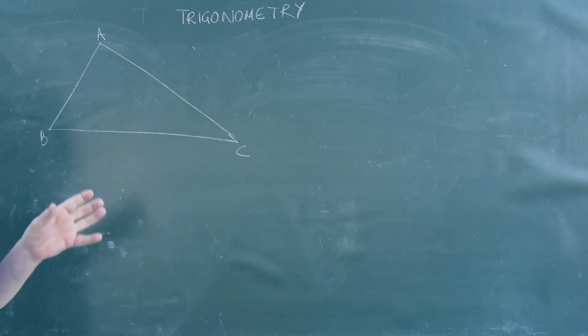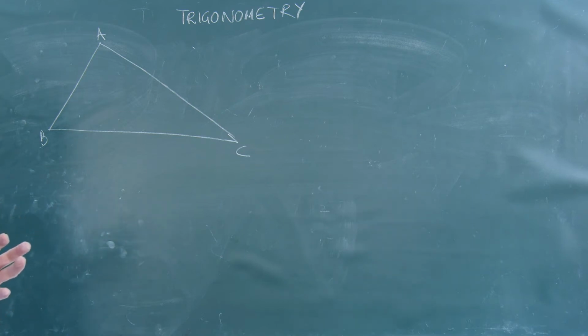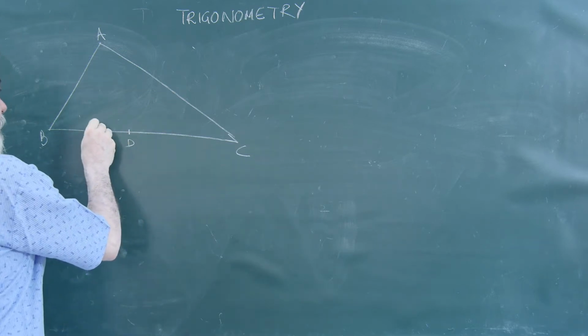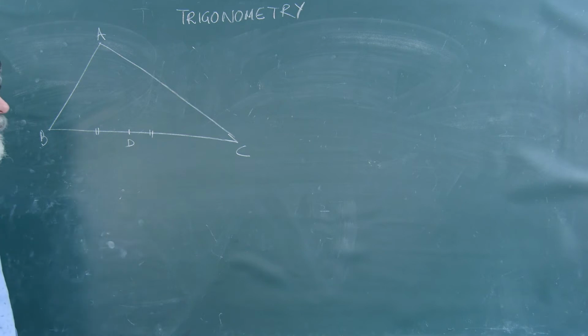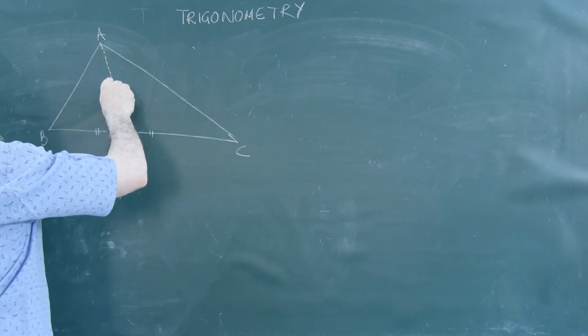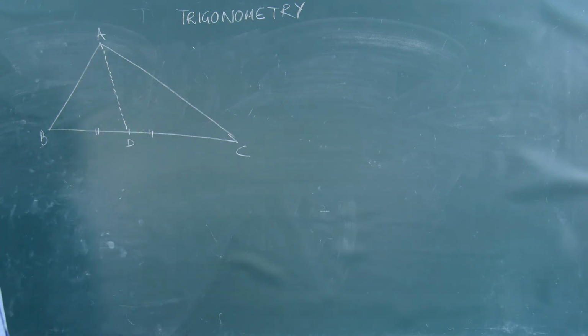Median is a line segment joining the vertex of the triangle to the midpoint of the opposite side. For example, if D is the midpoint of BC, and if I join A to D, then AD is called the median.